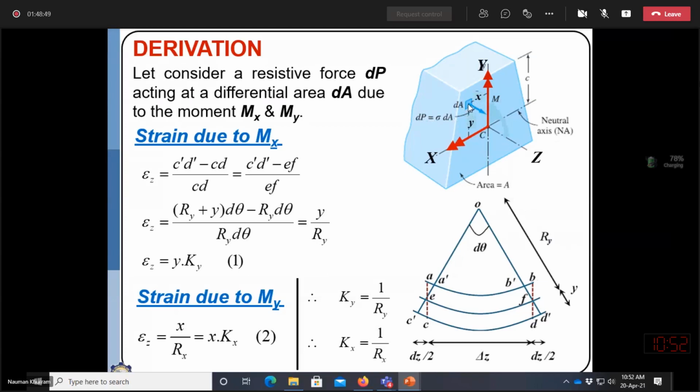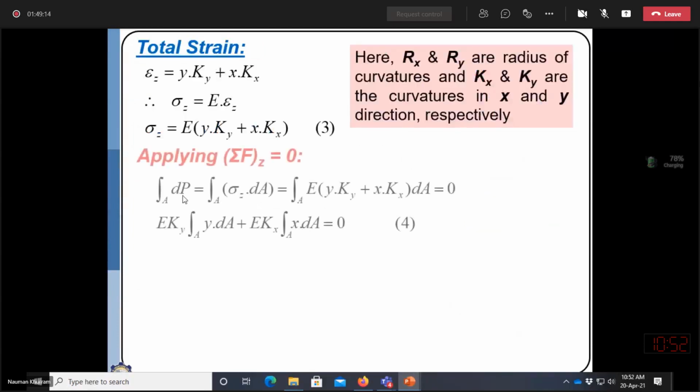If we sum up the force acting on all areas at any particular cross section, that will be the total force, and the summation must be equal to 0 because there is no other force acting on this section. So the integration of dP over the entire cross section must be equal to 0 by applying the equilibrium equation.